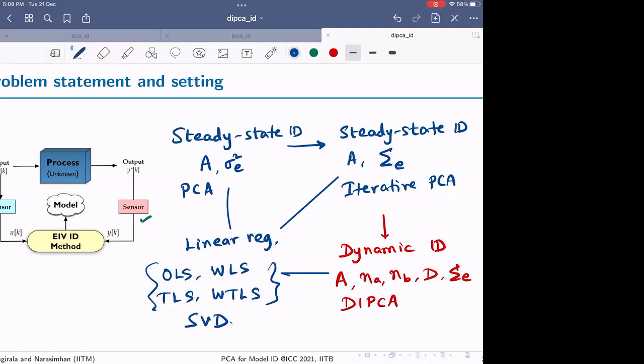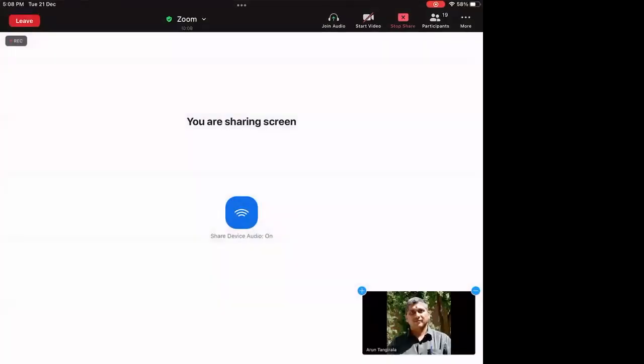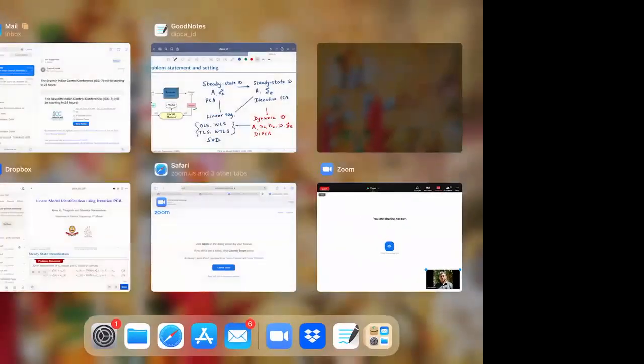Even if you have one constraint, you should be able to identify the constraint matrix A and get sigma square E. But as we saw in the flow mixing example this morning, just having one constraint among a bunch of variables is not going to help us.